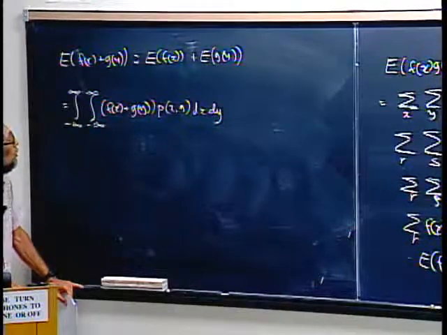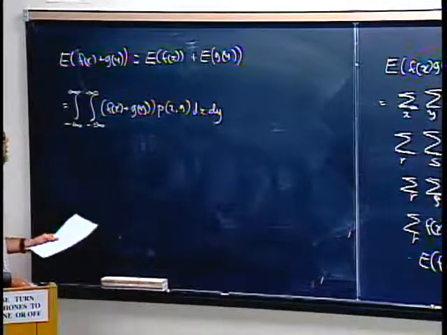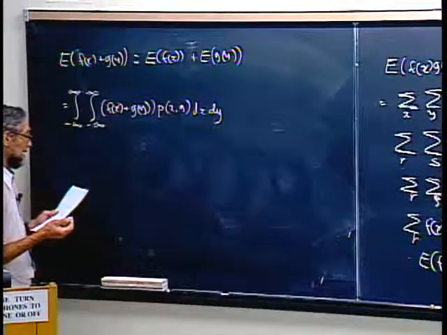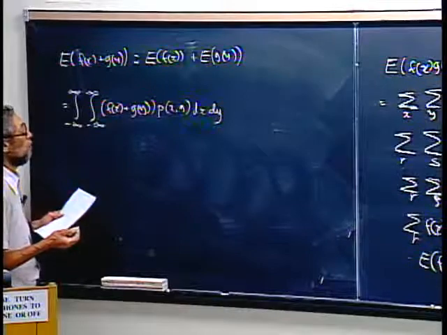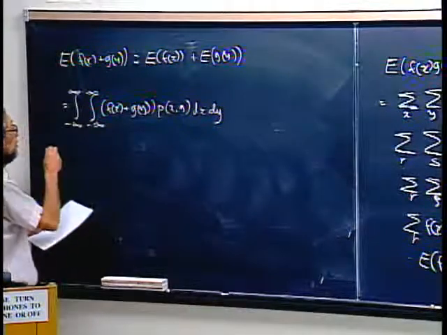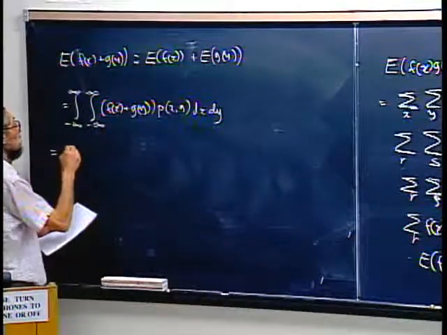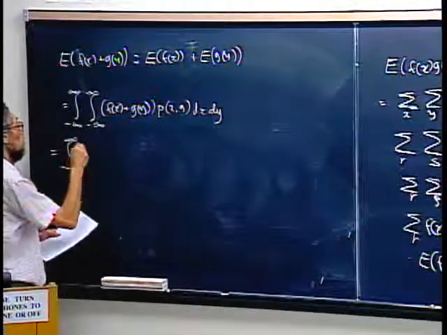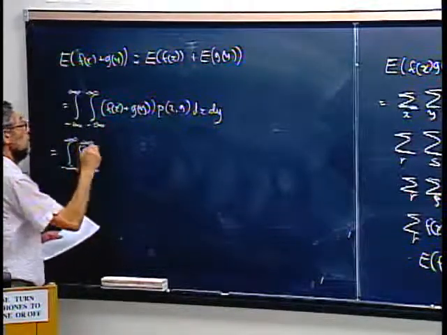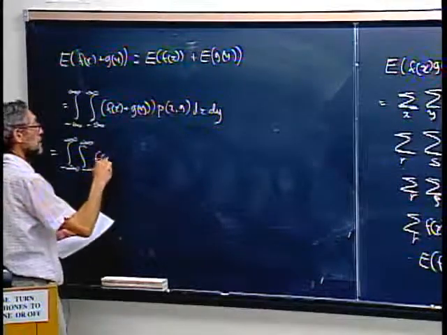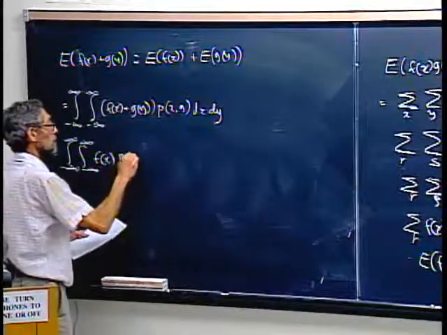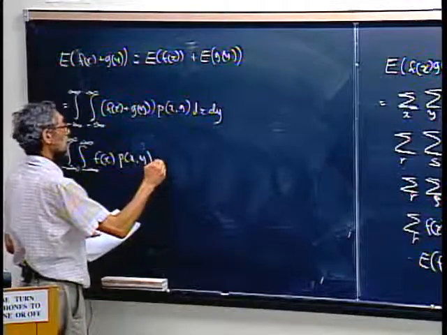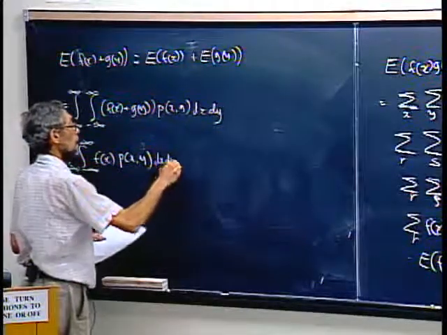Okay, so what I want to do is try and get this as the sum of two integrals, and then factor terms out of the integral. So the first one is a double integral of just the f of x, P of x, y, dx, dy.